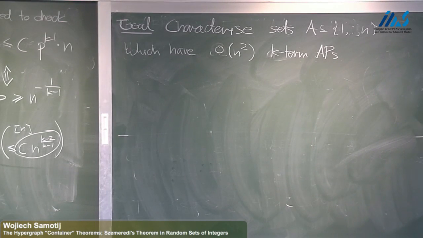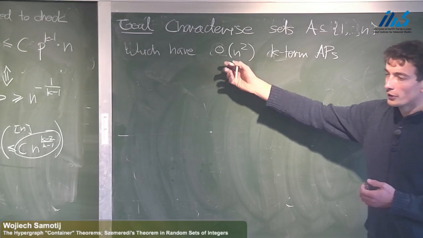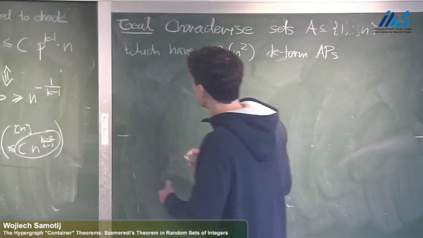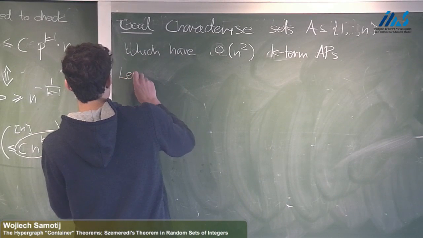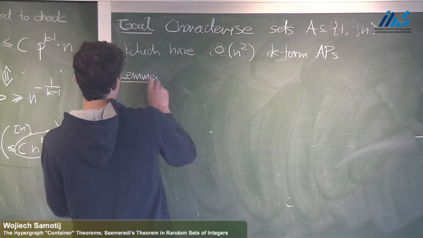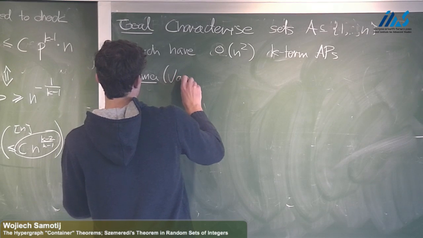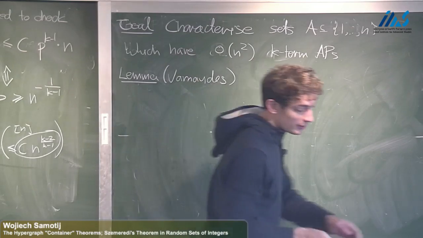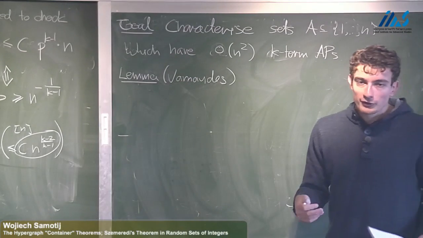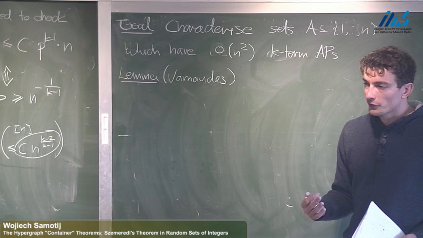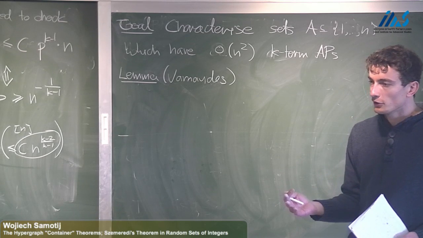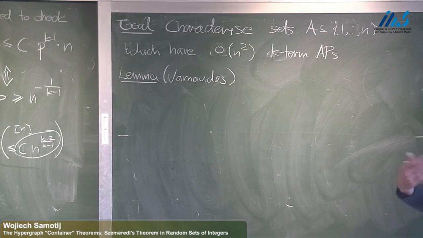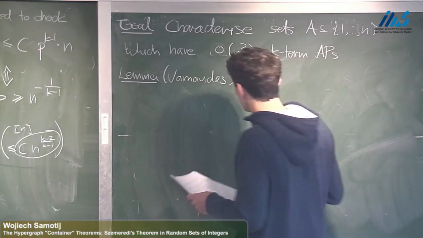Szemeredi's theorem tells me that if I replace this condition with 0 arithmetic progressions, then I know that these sets are small. But now there's a general principle here, and I think it goes back to the work of Varnavides, who proved the following, that actually Szemeredi's theorem is true in a stronger sense. Once I have a positive density of numbers, then not only I have one arithmetic progression, but I have order n squared arithmetic progressions.